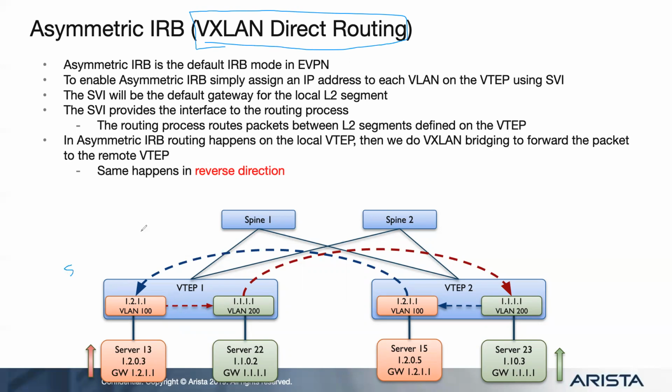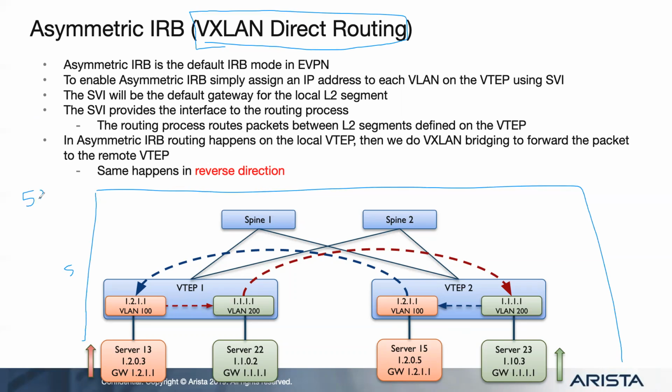Let's say in your data center you have 50 VTEPs or VTEP pairs, and you have 100 VLANs. Direct routing means the gateway SVIs for all these 100 VLANs are present on all 50 VTEPs.